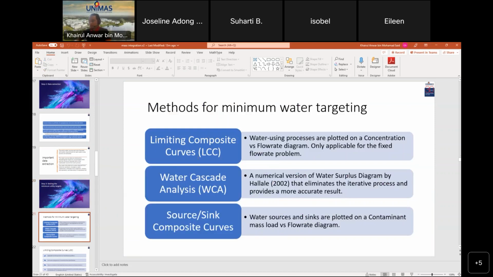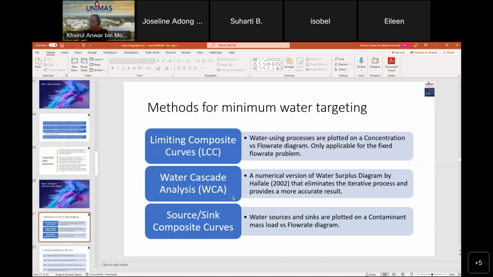Limiting composite curve, LCC: water using processes are plotted on a concentration versus flow rate diagram, only applicable for the fixed flow rate problem, or in other words, for MTB problems only.